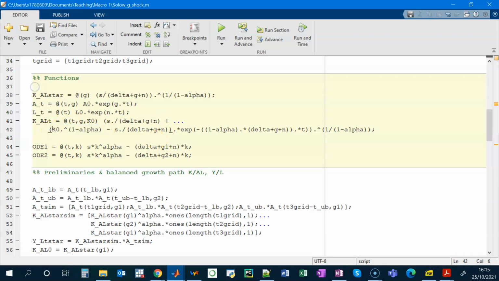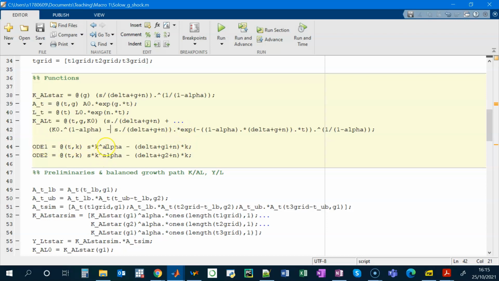And over here, we have the difference between capital per effective worker at the starting point, K0, and the steady state value. And over time, when T equals 0, this thing is equal to 1. These two things cancel, so capital per effective worker is just going to be given by the initial condition, as you would expect. But as T increases, capital per effective worker is going to tend to the steady state value.